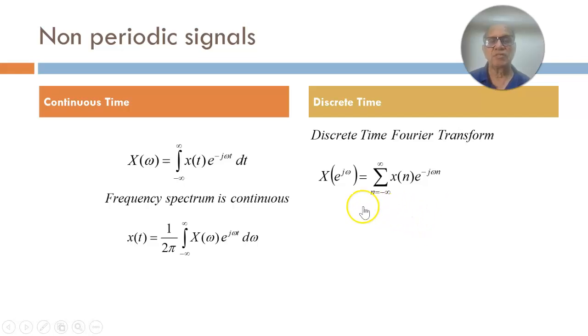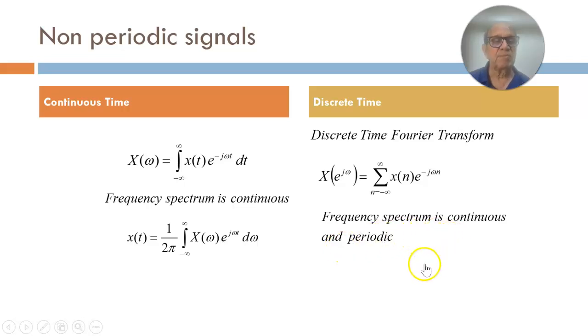Just as in the continuous case the frequency spectrum is continuous, here also the frequency spectrum is continuous, but not only is it continuous, it is also periodic. We will show that. But before that, note that by analogy, you can also write the equation for the inverse Fourier transform in this particular form.